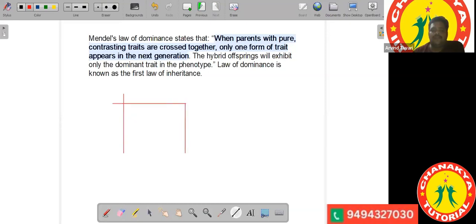So we form a square, divide it into 4, something like this. On the top we represent the male gametes, and on the side we represent the female gametes. There are two types of male gamete, capital T and small t. There are two types of female gametes, which are again capital T and small t.